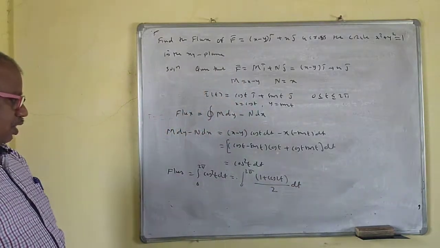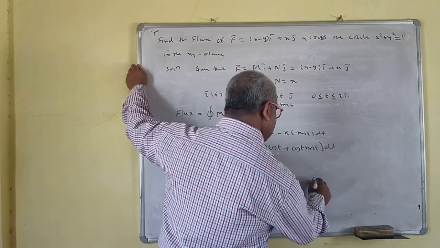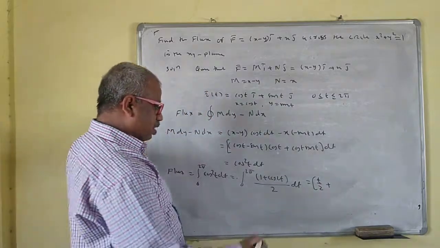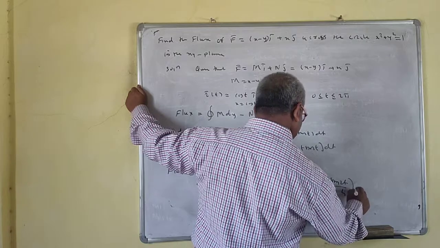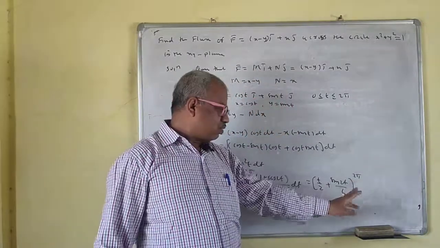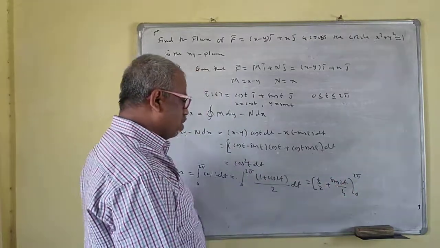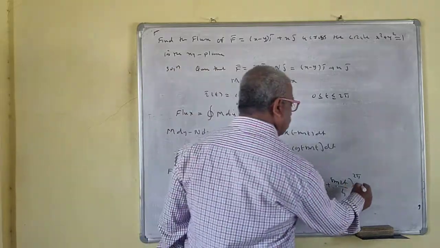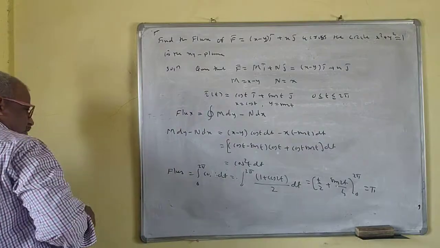Now integrate this: t by 2 plus sin 2t upon 4, from 0 to 2 pi. If you put the lower limit, it is 0. If you put the upper limit, sin of 4 pi is 0. So only 2 pi by 2 remains, which is pi. So your required answer is pi.